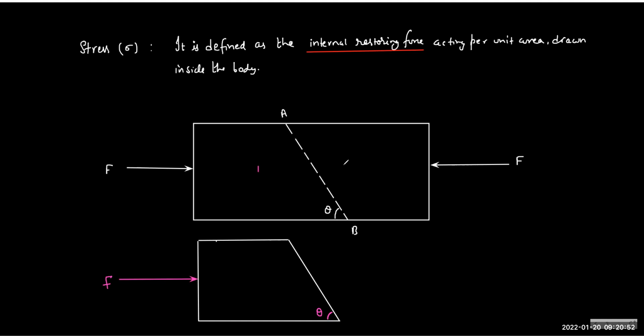If I name this as part 1 and part 2, how much force is applied on part 1 due to part 2? So what do you expect? The body is at rest, right? So any body, even if you take a part of it, that is also at rest, which means every part will have net force 0, correct?